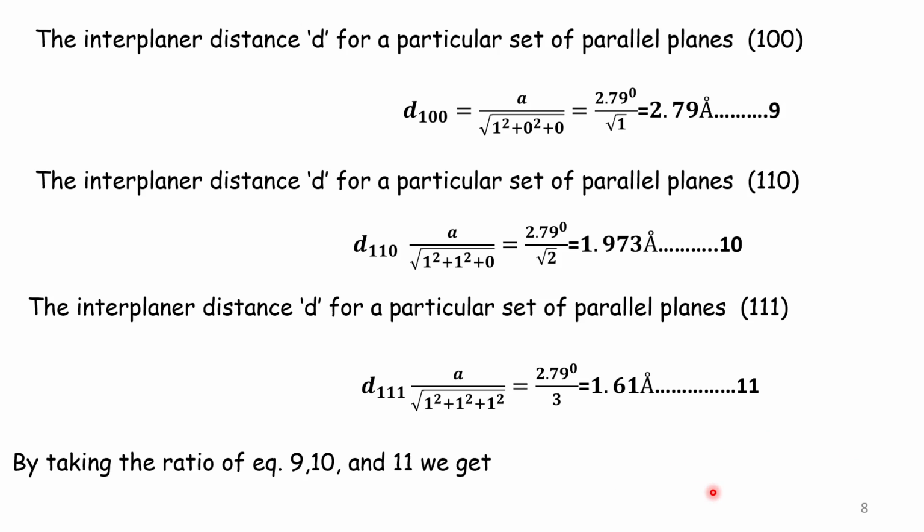By taking the ratio of these three equations, equation number 9, equation number 10 and equation number 11, we get d100 : d110 : d111 is equal to 1 : 1 divided by under root 2 : 1 divided by under root 3.